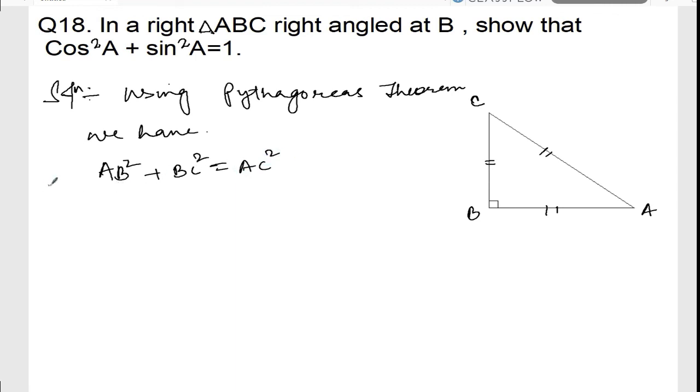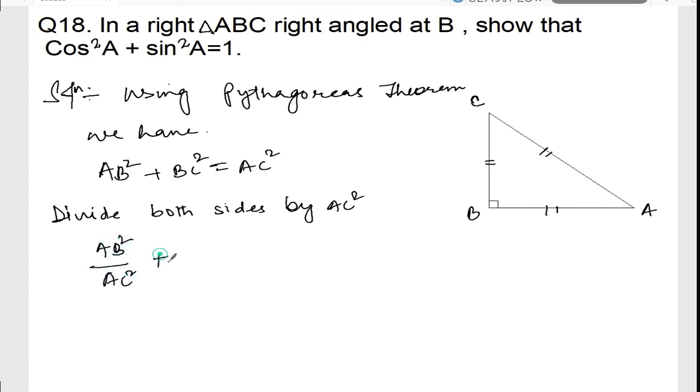Now what shall we do? Divide both sides by AC square. AB square divided by AC square plus BC square divided by AC square is equal to AC square divided by AC square.